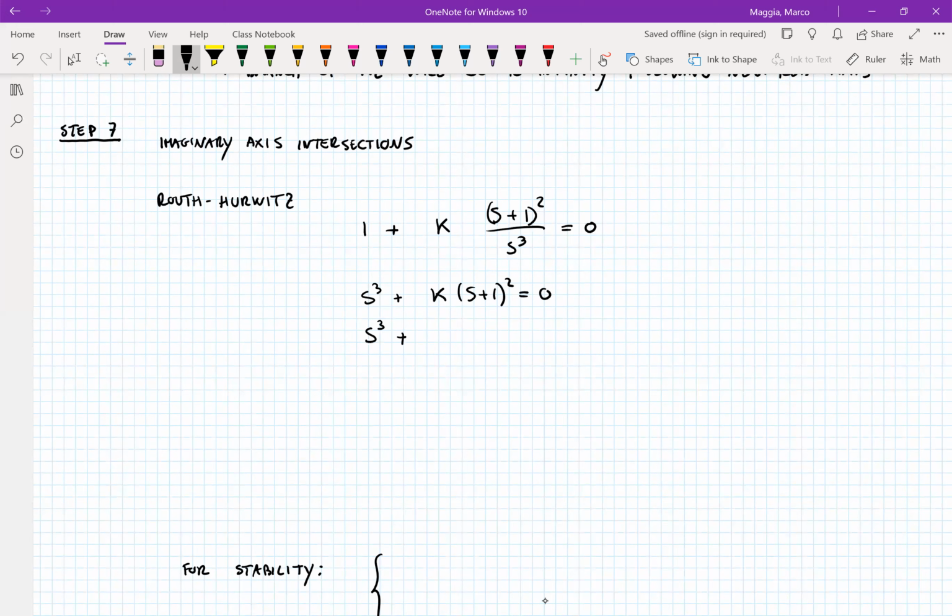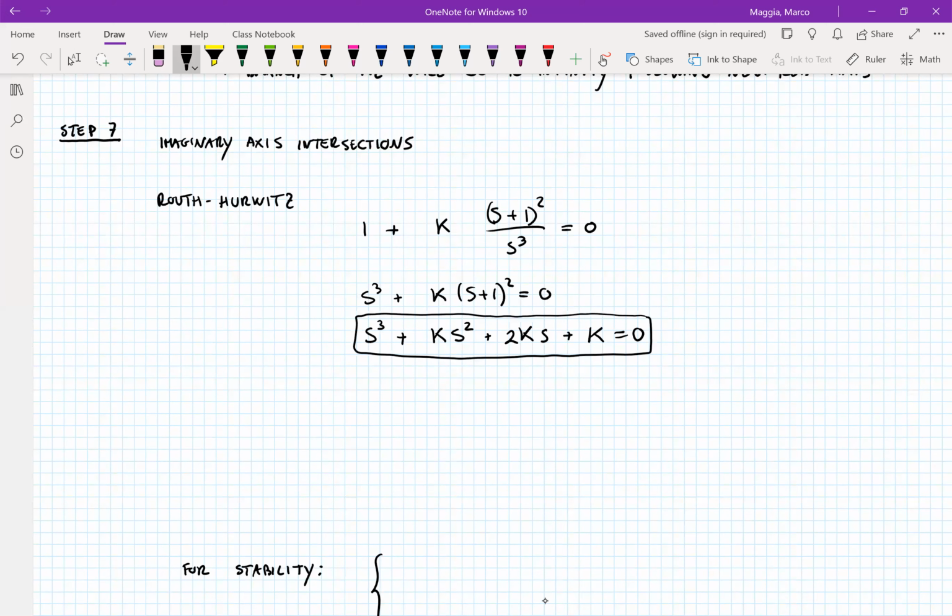And now we need to do one extra step. That is, we have s cubed plus ks squared plus 2ks plus k equals 0. And now we have the same characteristic equation, but now it is in the form that we need in order to implement the Routh-Hurwitz criterion.